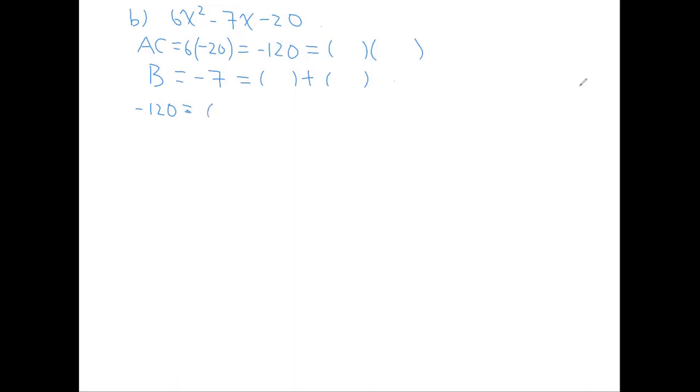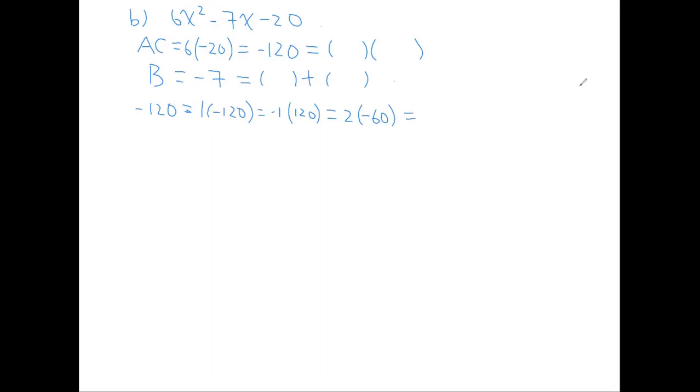Either 1 times negative 120. Obviously, this doesn't work. We cannot get 7 out of these two, right? Or negative 1 times positive 120. And we keep going. 2 times negative 60. And 2 and 60 are either plus or minus. You cannot get 7. So we skip this one.